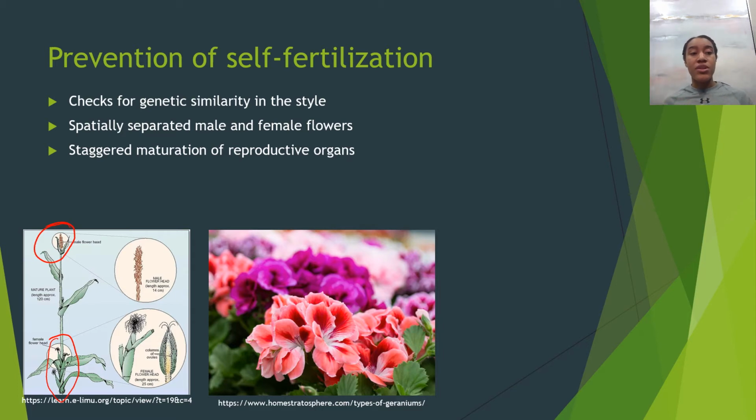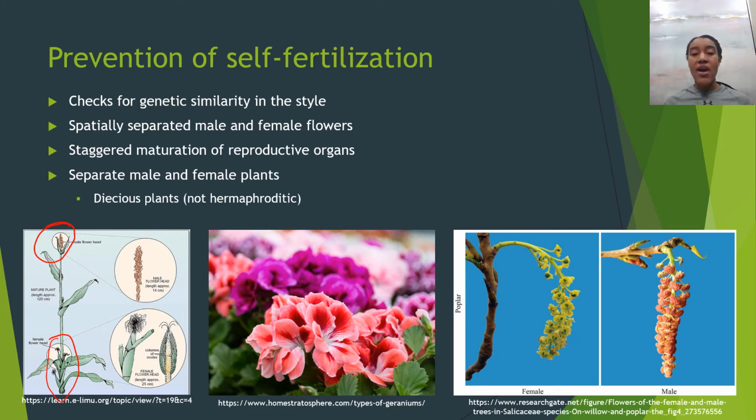And this prevents the pollen from your own plant sticking to the stigma and trying to fertilize yourself, because the stigma is not even mature enough to allow pollen to stick. So this is another way. And geraniums, these beautiful plants, are one plant that uses the staggered maturation of their male and female reproductive organs to reduce the chances of self-fertilization.